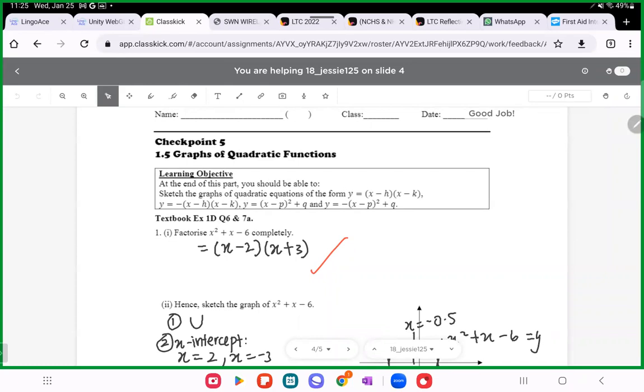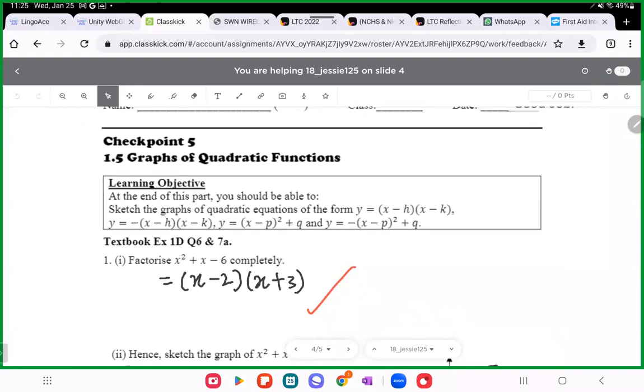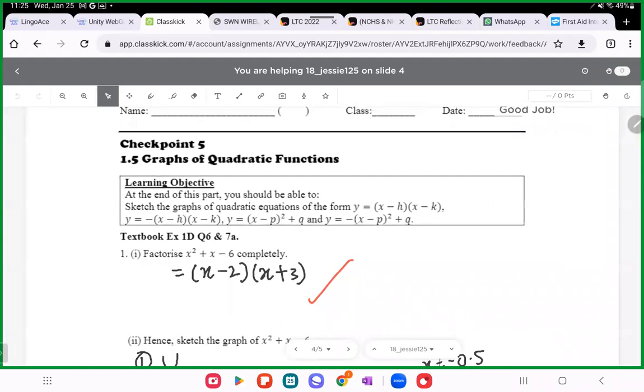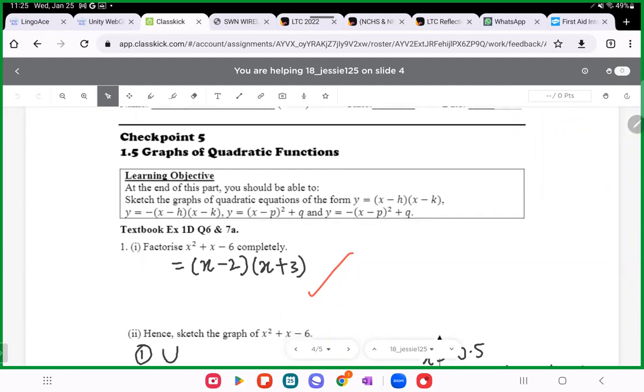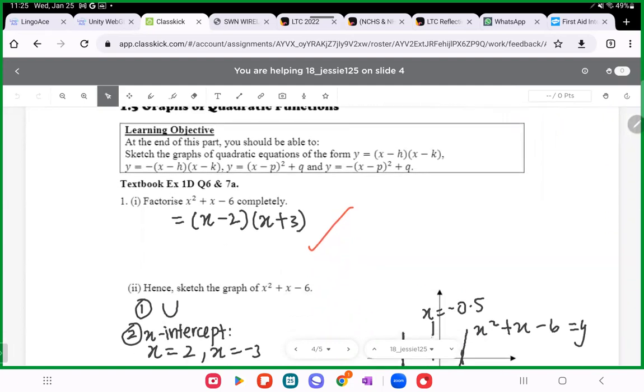Okay, first one, I need you to take note of this. Question says factorize. Highlight the keyword factorize. There are a few of you who went to do completing the square. Now, people, this is an expression. I shouldn't be seeing equals to 0. It is just factorizing. Okay, x minus 2x plus 3.